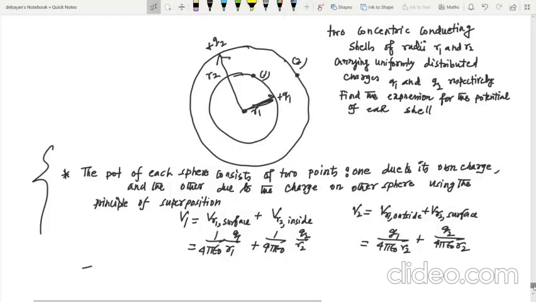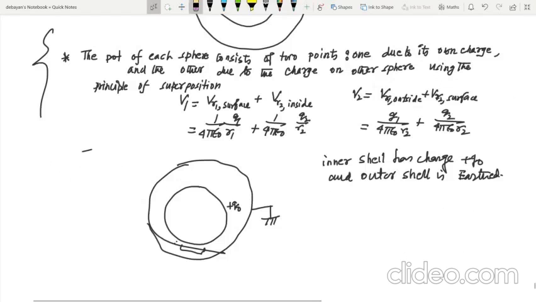That means if this is the outer cell, the outer cell is earthed, that is given.